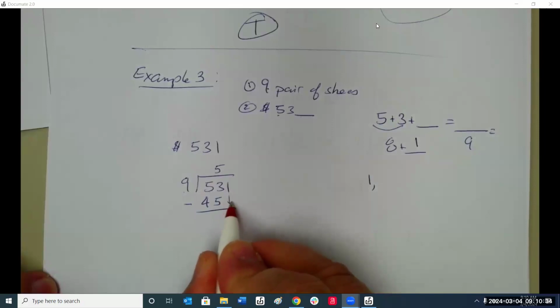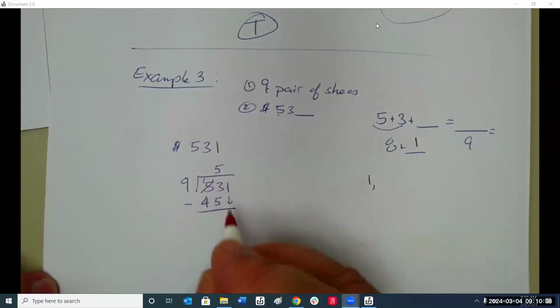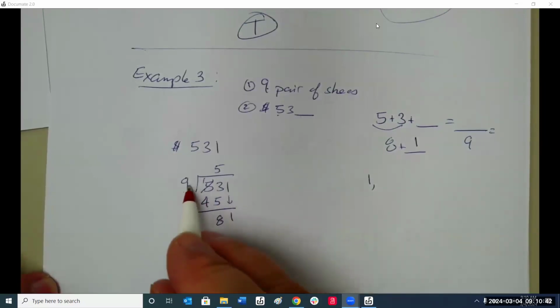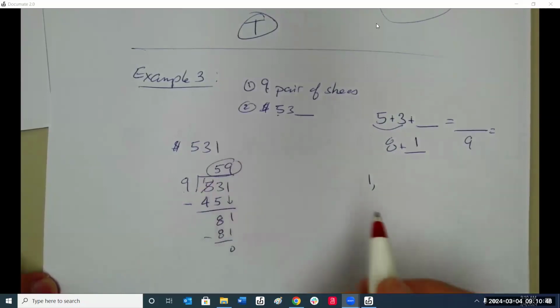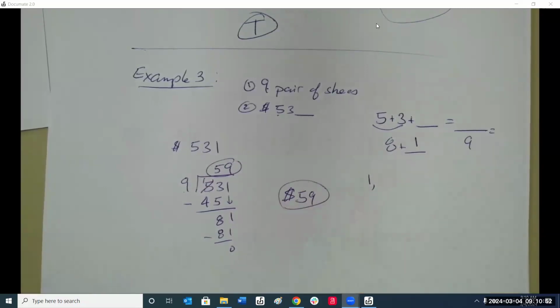Subtract that. We can't, so 13 minus 5 is 8. 9 goes into 81 9 times. So each person has to pay $59.